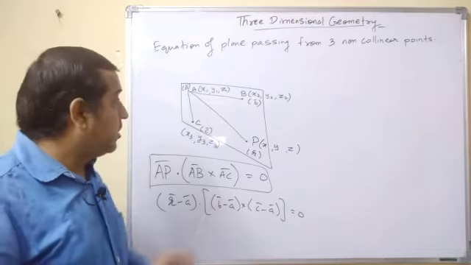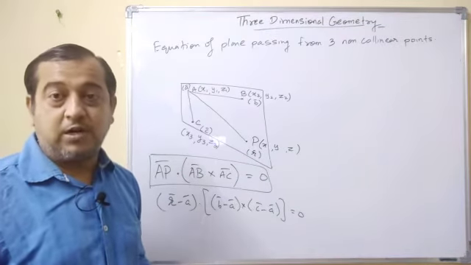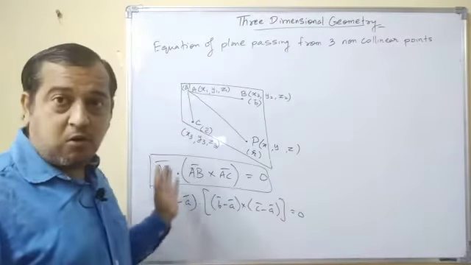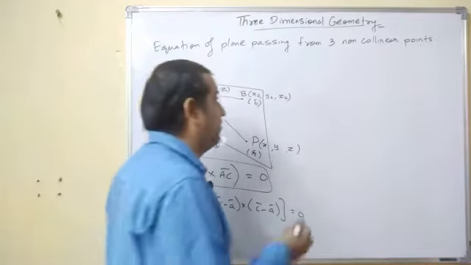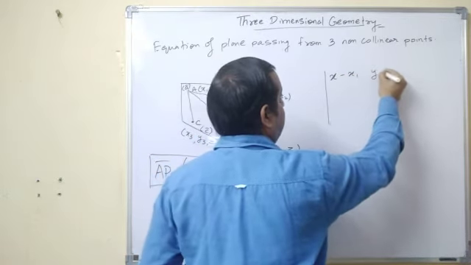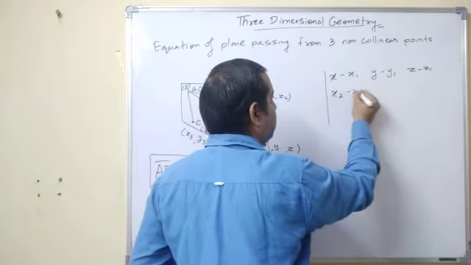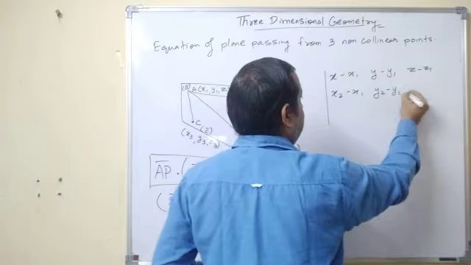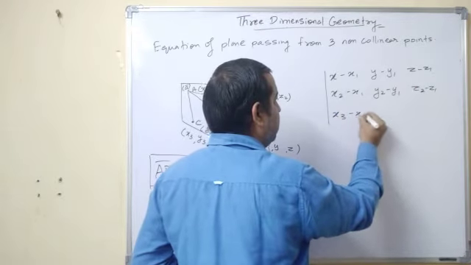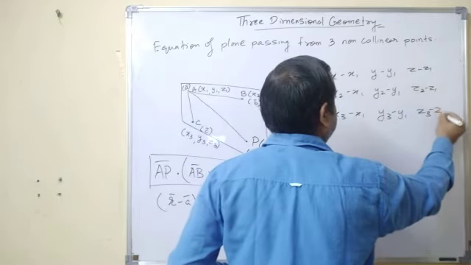Now mostly when a question of this type comes, it's better to find the equation of the plane in Cartesian form. Finding the equation of the plane in Cartesian form is very easy. When you reduce all this to Cartesian form, you get this determinant. The first row is for AP. What is AP? AP is P minus A, meaning R minus A, so you get x minus x1, y minus y1, z minus z1. The second row will be x2 minus x1, y2 minus y1, z2 minus z1. The third row will be x3 minus x1, y3 minus y1, z3 minus z1.